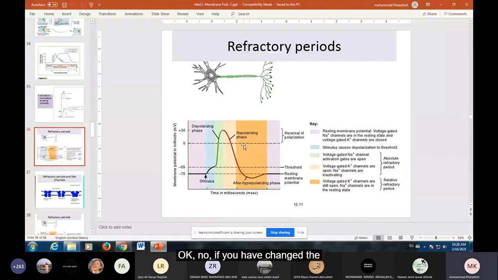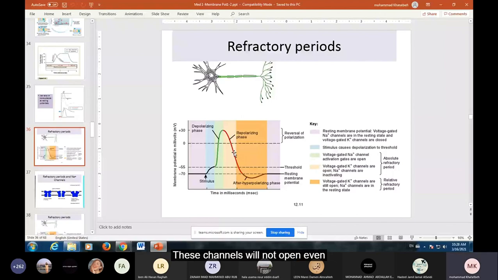If you change the potential during that phase, the potential is still in a depolarized state. Still, you have a potential higher than the threshold potential.